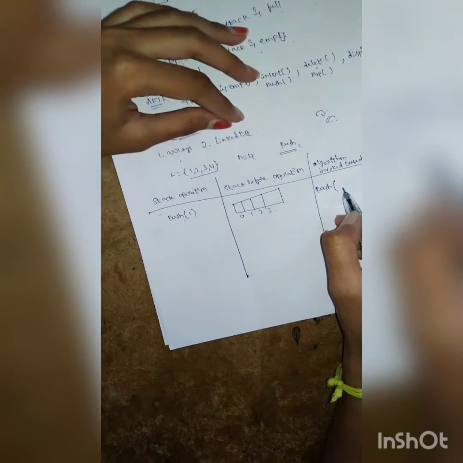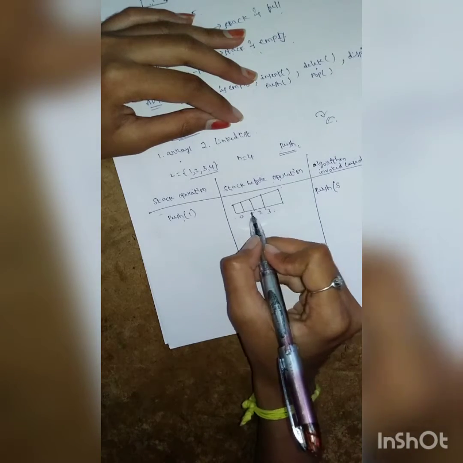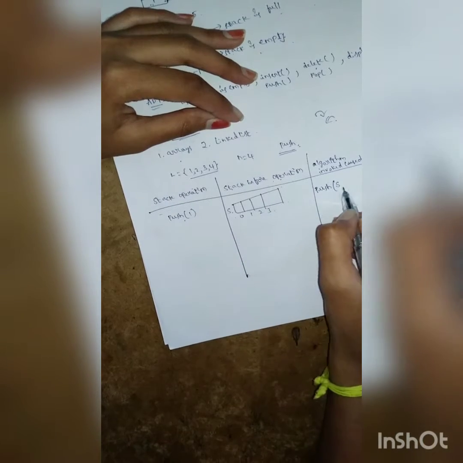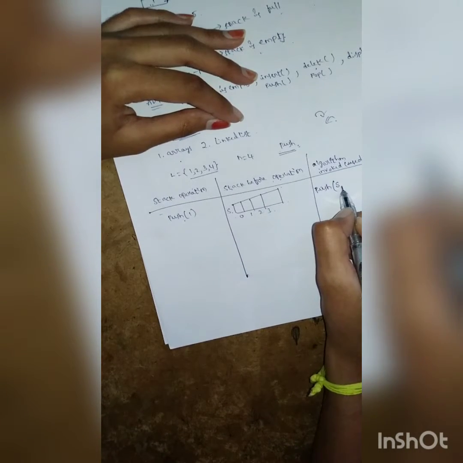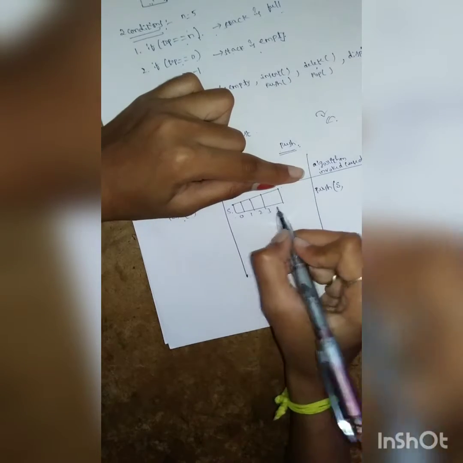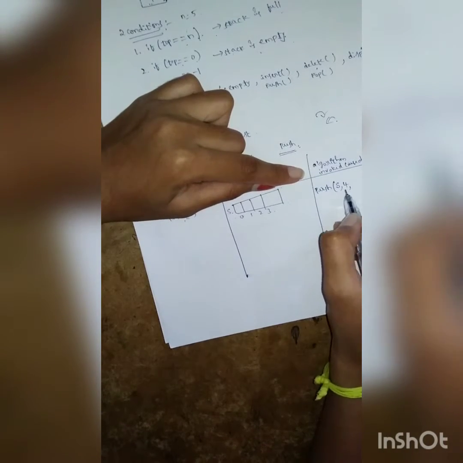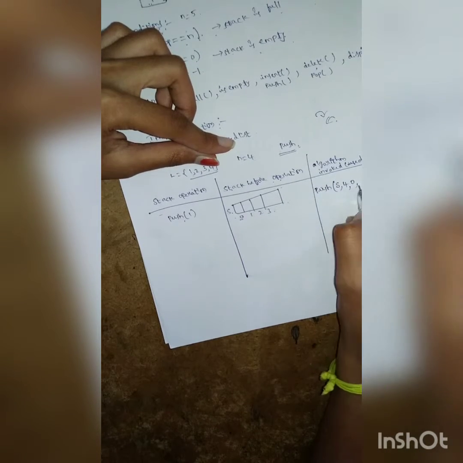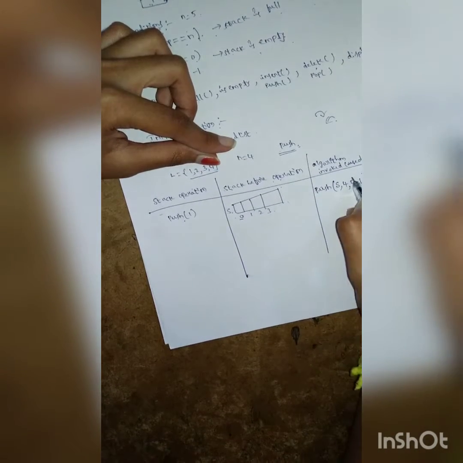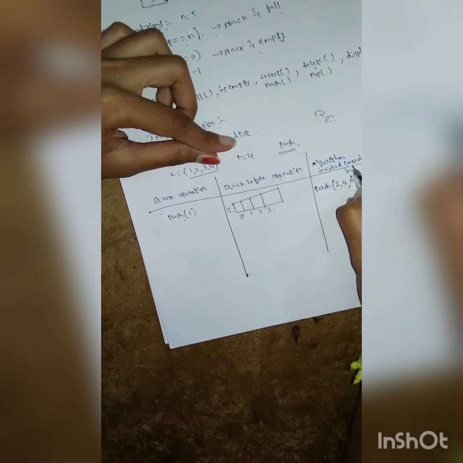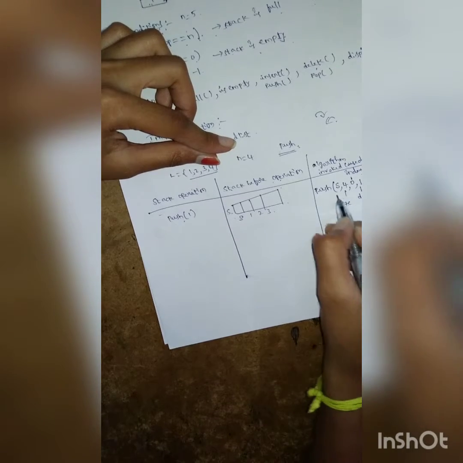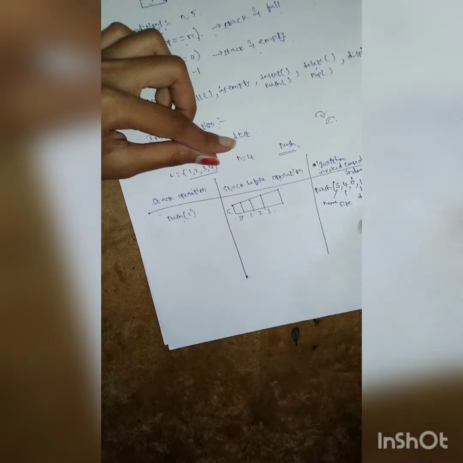Here we write, for example, the name of this stack as S. Size of the stack is 4, and where we are going to insert is at index 0. What element we are going to insert is 1. So this is the index, this is the data, this is the size, and this is the name of the stack.